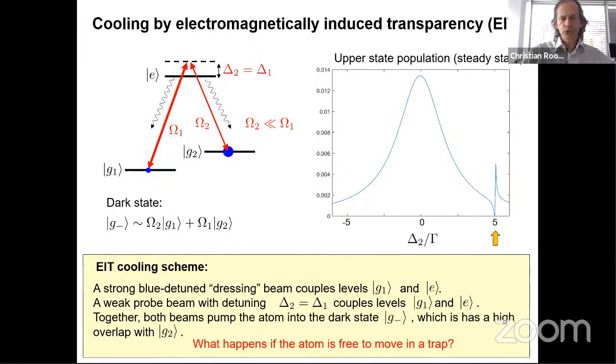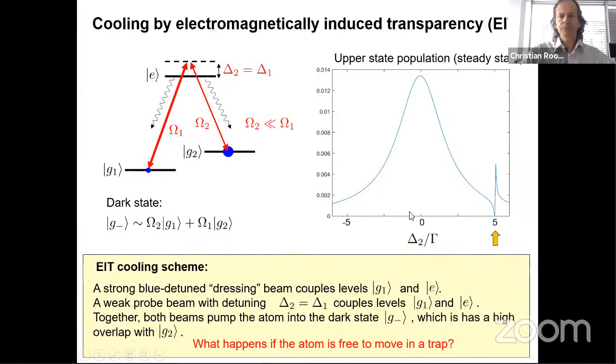And if you change the detuning of one laser and keep the other one fixed, and measure the fluorescence emitted by the ion, which is the same as measuring the upper state population, then you will find the line profile that is shown here on the right hand side.